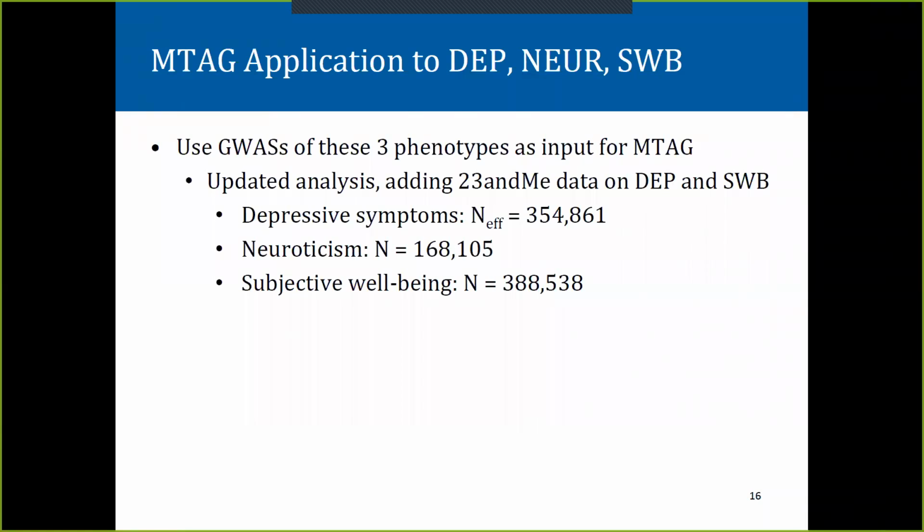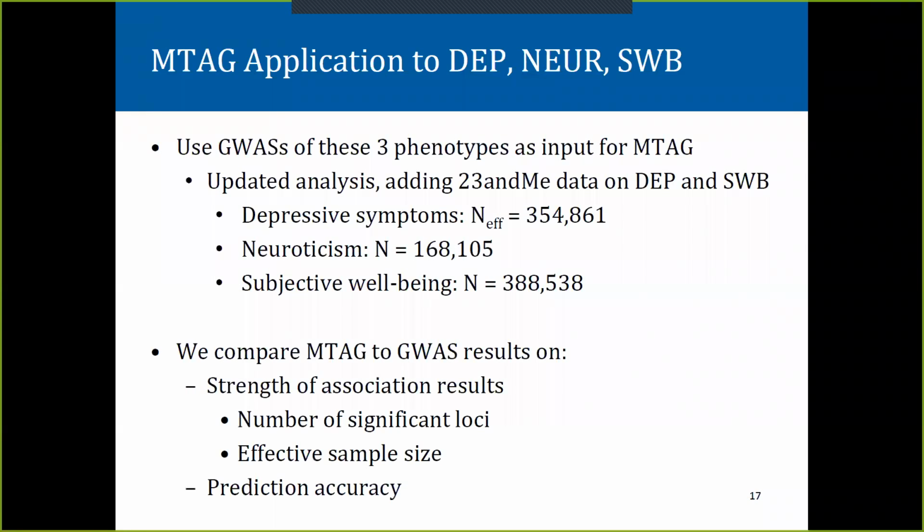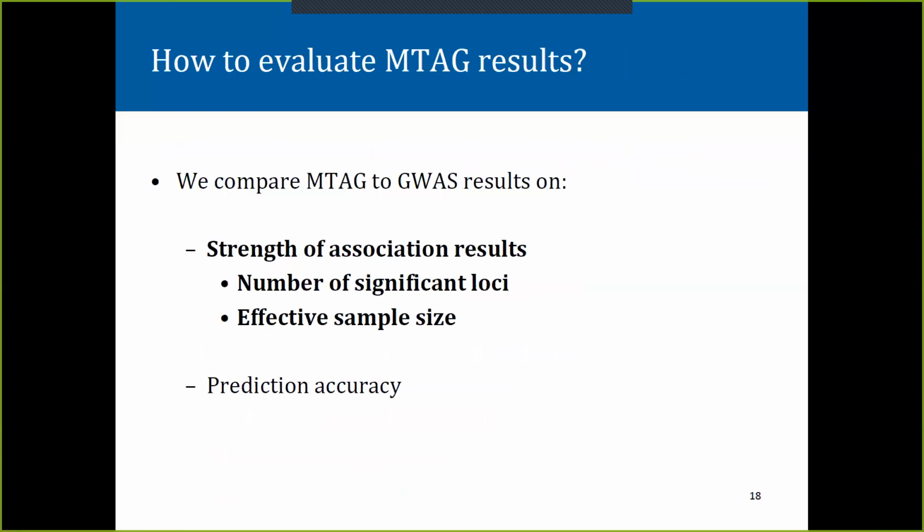And so we ended up with a depressive symptoms sample with an effective sample size of about 350,000 people, neuroticism with 170,000, and subjective well-being of 388,000. These are pretty large GWAS samples to begin with. And we're going to apply MTAG to the three of these traits together. We're going to compare the GWAS results to the MTAG results, looking at the number of significant loci, the effective sample size, and the predictive accuracy.